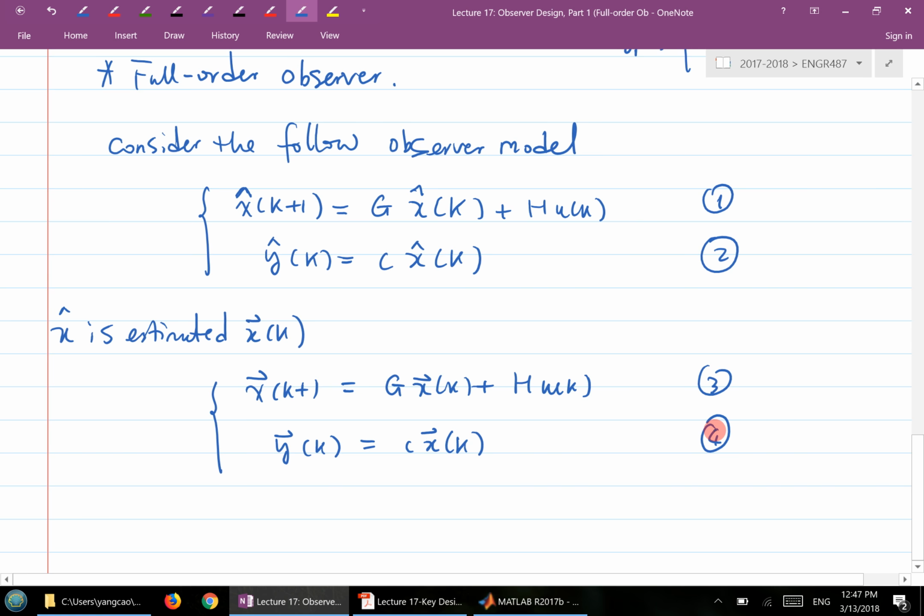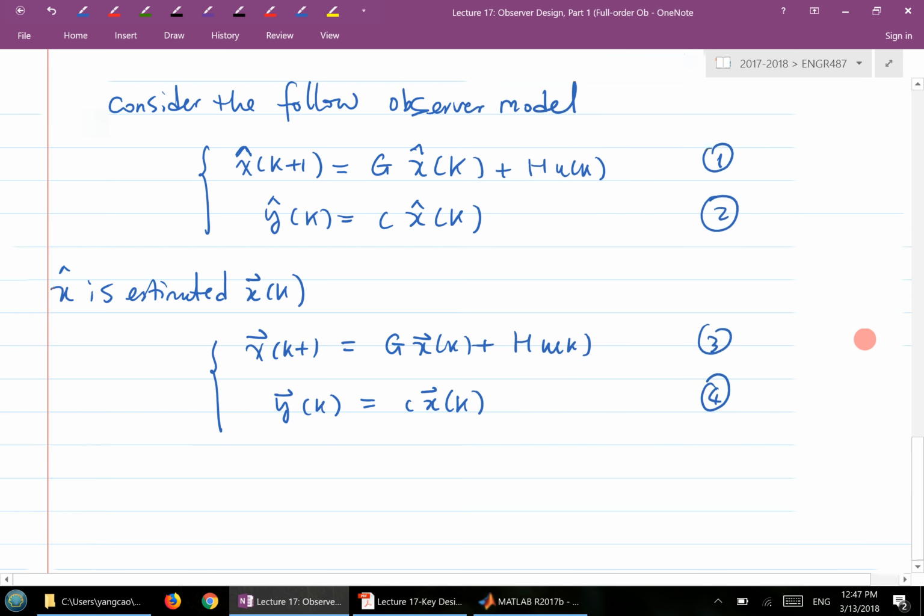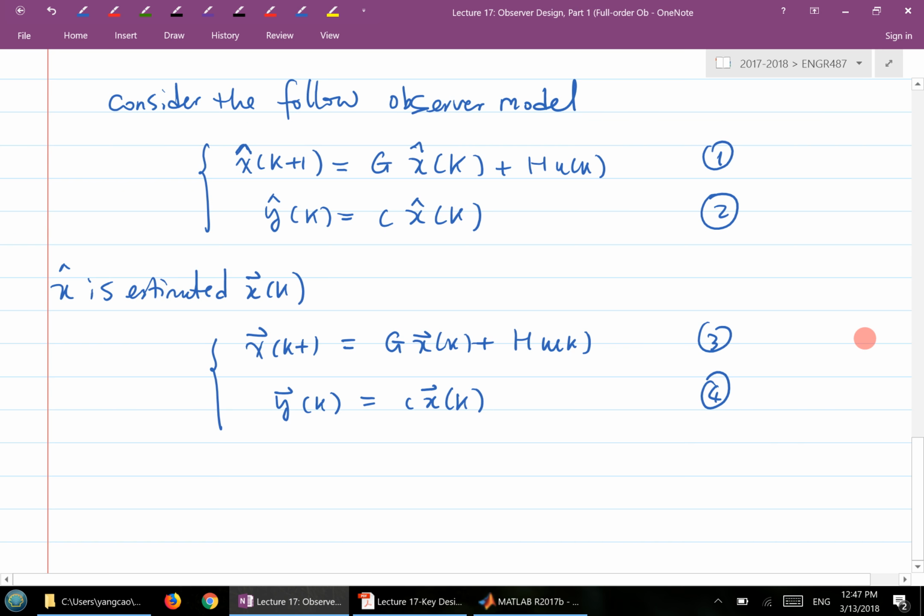Immediately from here, you also need to bear in mind the objective. The objective is you want your x hat of k to be the same as x of k as k goes to infinity.